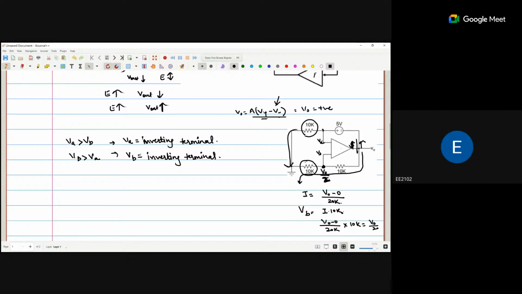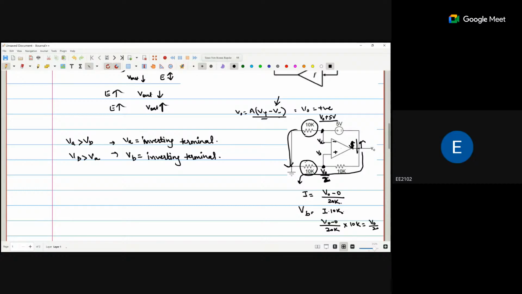So the voltage at this point is V naught plus 5. Now which voltage is higher, V naught by 2 or V naught plus 5 volt? V naught plus 5 volt. So we can say this terminal is negative, this terminal is positive. So this is question number 10.